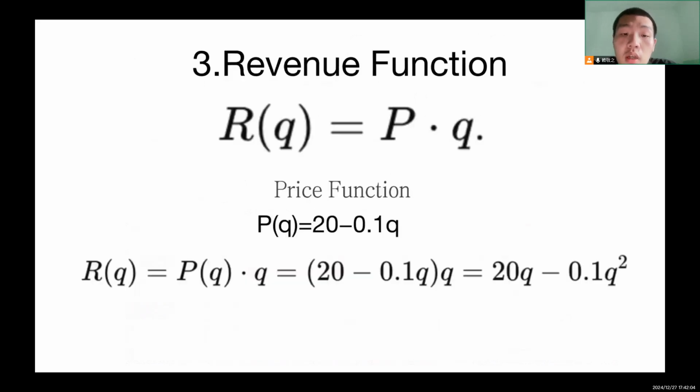Next is the revenue function, which is R(Q) equals P times Q, where P is how much you sell a pen for. We assume the price of a pen is P(Q) equals 20 minus 0.1Q when you sell a pen. And the revenue function is 20Q minus 0.1Q power 2.